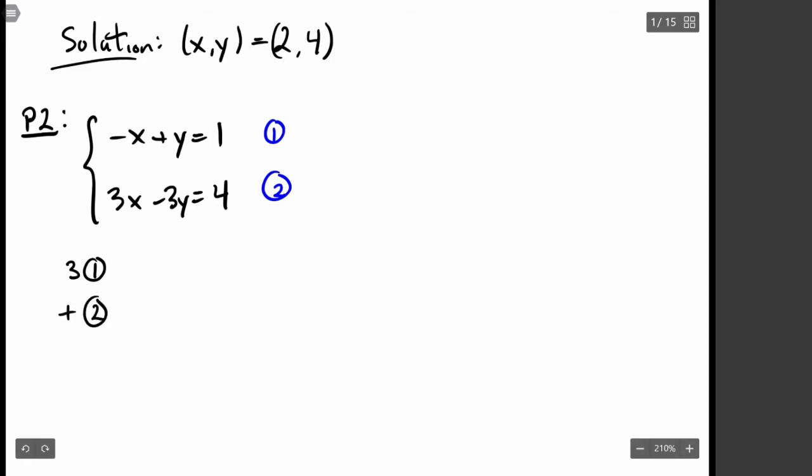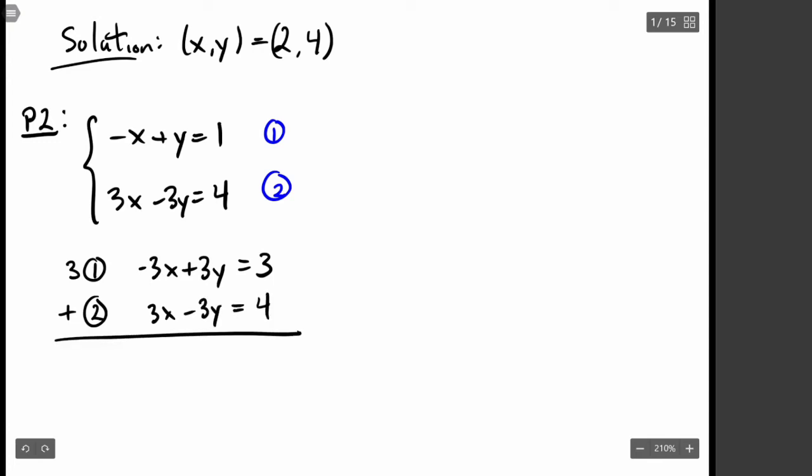So I'm going to make this look kind of like arithmetic here. 3 times equation 1, so that's negative 3x plus 3y equals 3, plus equation 2, that's 3x minus 3y equals 4. Add these together and we get 0 equals 7, because these two will cancel and these will cancel.